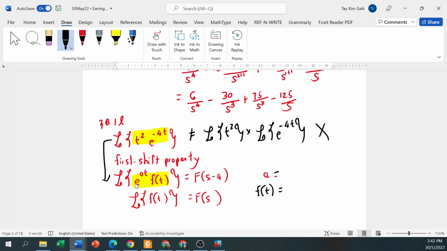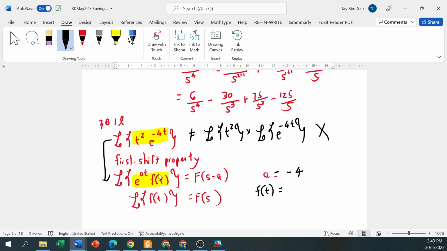Compare exponent at with exponent negative 4t. Shafika, I'm not sure, doctor. You can compare, right? Compare exponent and exponent exactly. This is e, this is e, this is at, this is negative 4t. So what is the a? Negative 4. Yes, compare like this.